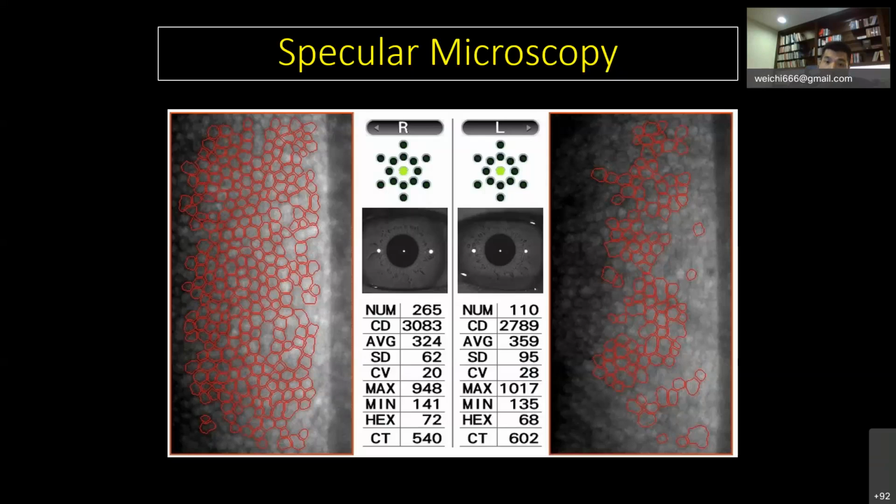It will not be edematous if you have healthy corneal endothelium function. So we could measure its morphology, number, density and arrangement, so that we could make sure they are healthy.